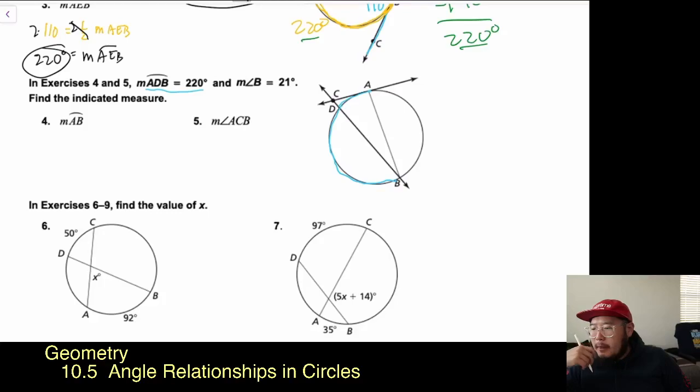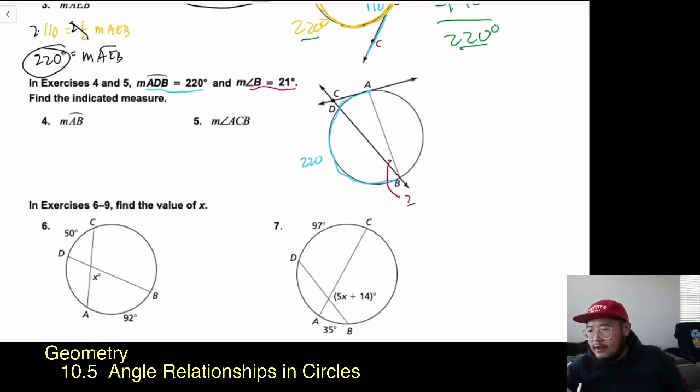Okay, so that's good. They tell us that the measure of angle B right here is 21 degrees, and let me go ahead and put that right here.